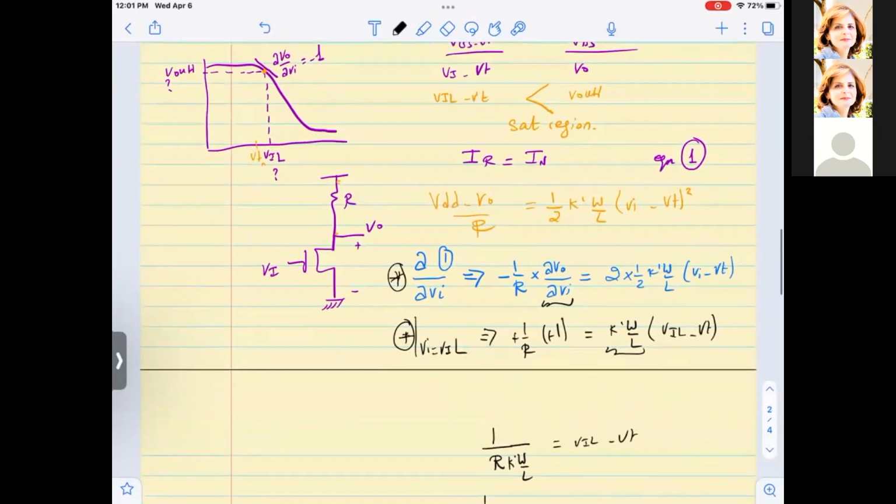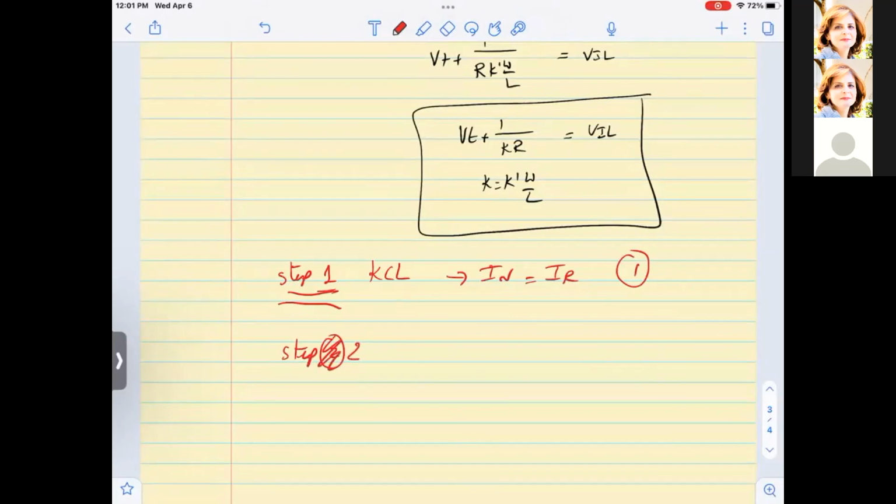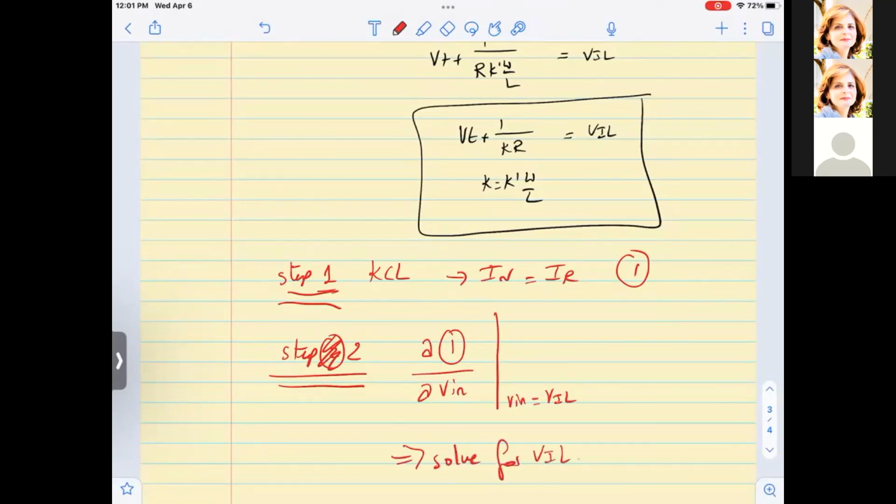فإذا نحن اللي عملناه هون: in the first step, step number 1, we relied on KCL to set IN equal to IR. هذه هي equation number 1. Step number 2, عملنا differentiation للequation number 1 بالنسبة لل VN, and then we substituted at Vn equal VIL, and then we solved for VIL.